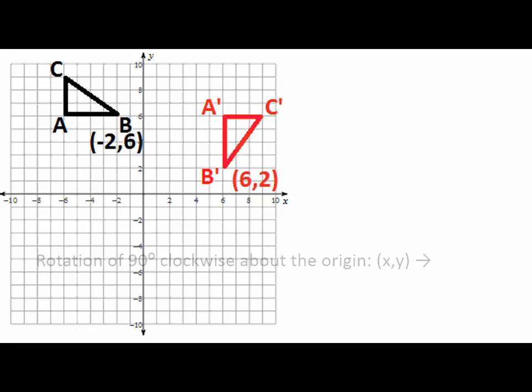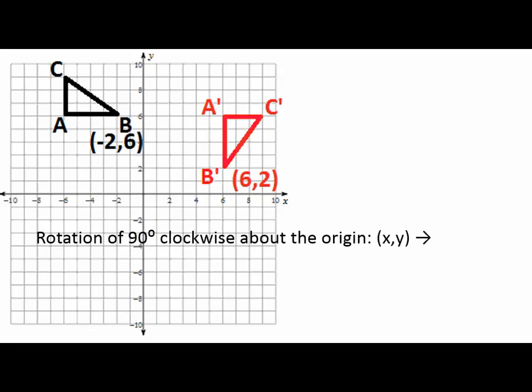So do me a favor and copy the next rule. Rotation of 90 degrees clockwise about the origin. (x, y) becomes, and then you guys will help me finish that. So I'm going 90 degrees clockwise. And if you look at the picture, it looks like you turn the paper 90 degrees clockwise.